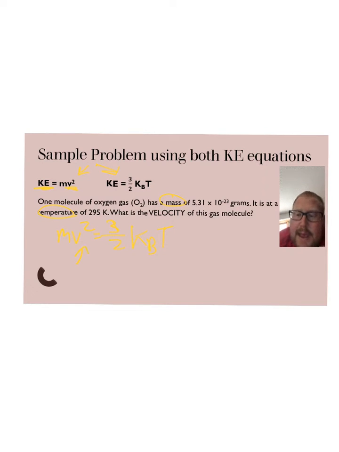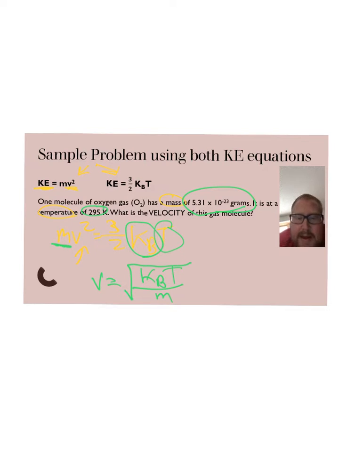We know the mass, and we know kB; we can go back to the other page and look at the Boltzmann constant, and we have the temperature right here. It's just a matter of rearranging and solving for v, so you're eventually going to get v equals the square root of 3kBT over m. Go ahead and rearrange that equation, plug those numbers in, and solve for the velocity of the gas molecule.